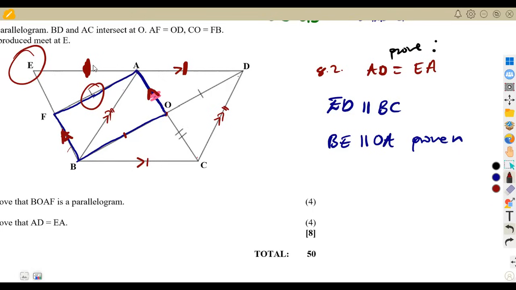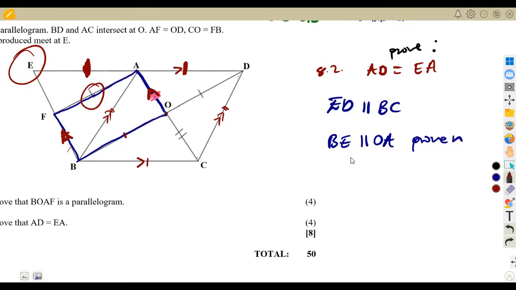The side EA and the side BC, this one, is going to be the same as what we have on the side of AD. No problem, there we have already proved it.